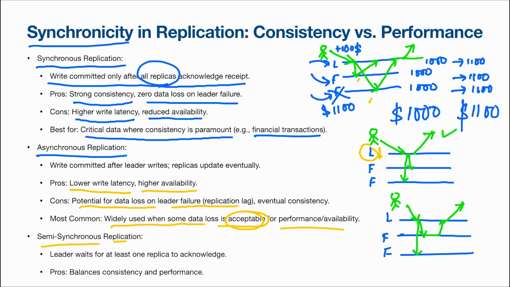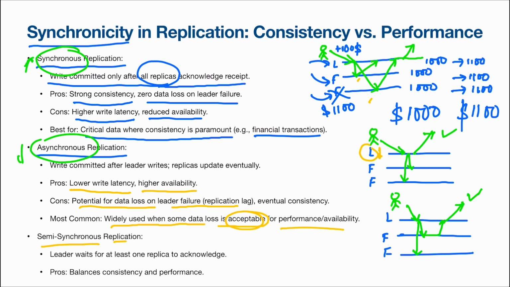If anyone responds back, for that matter, the leader says okay, the write is accepted, and it sends back the response. So of course the availability is less compared to asynchronous, but more compared to synchronous.